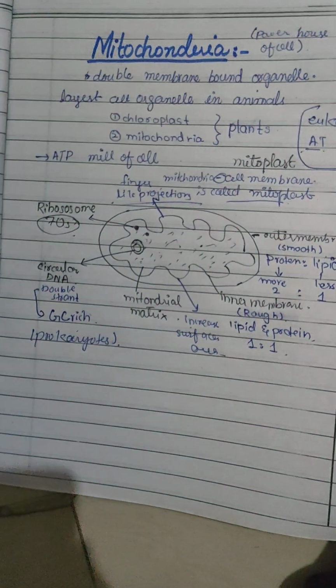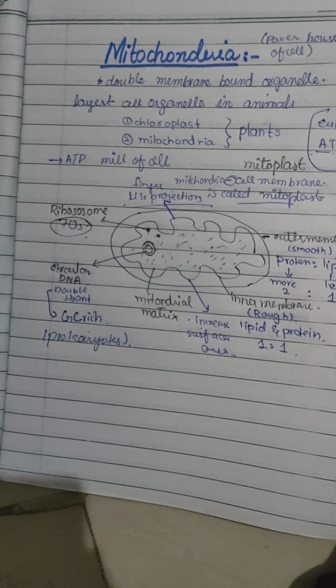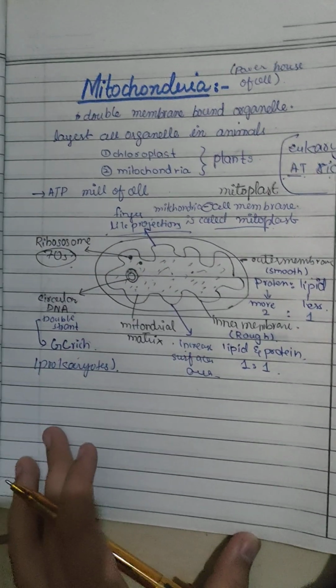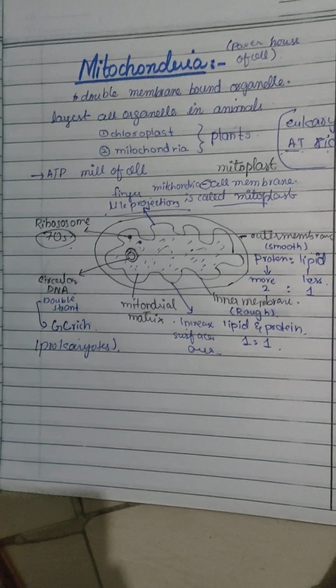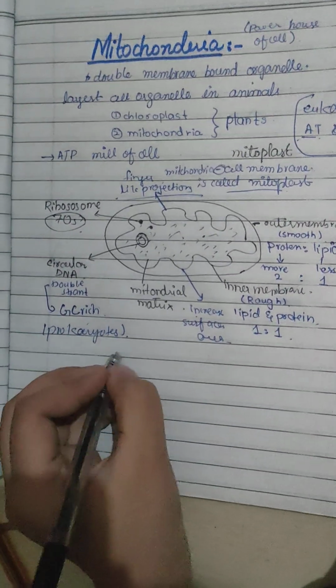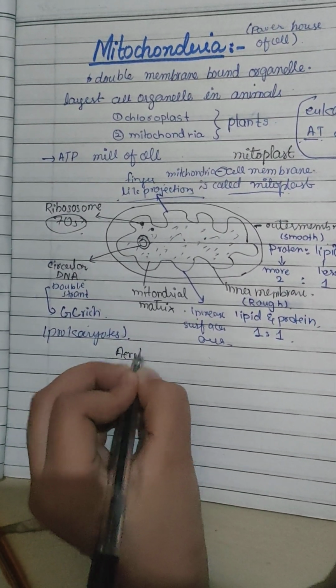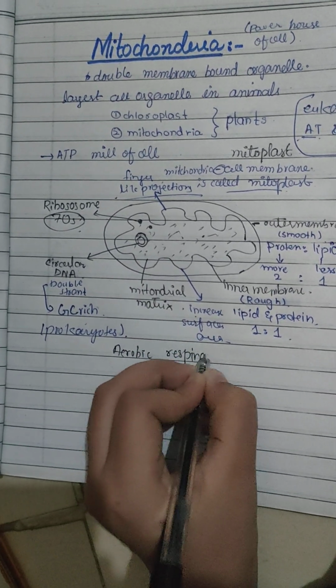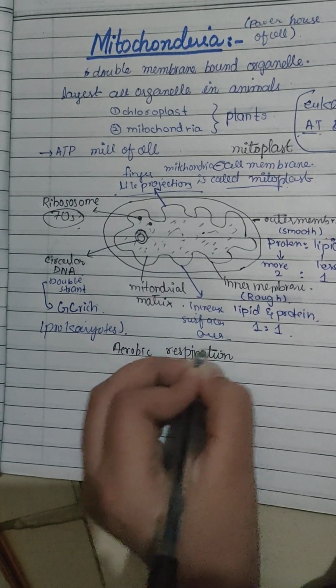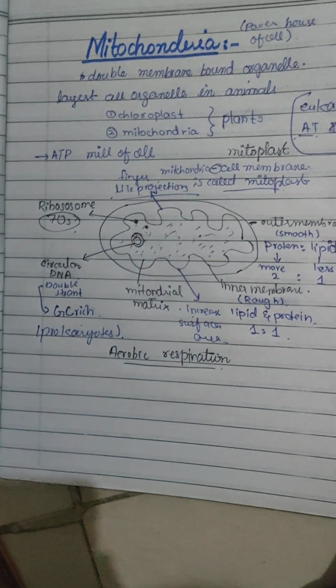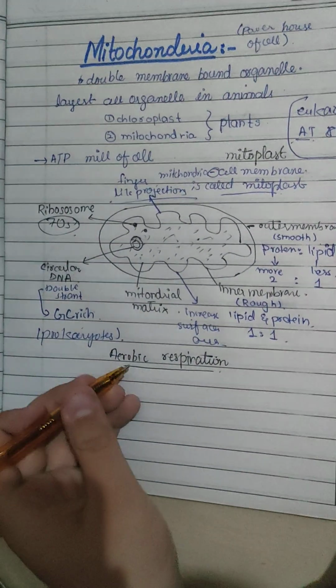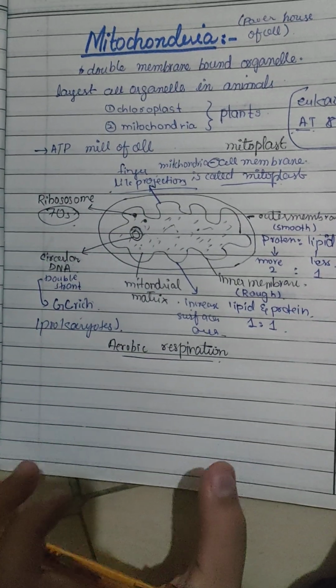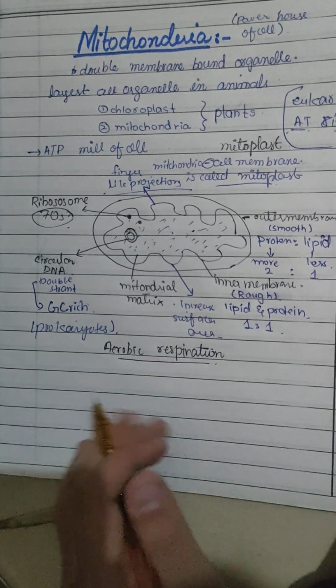Now I'm gonna tell you about the aerobic respiration. Fine. So let me write the heading of that. Aerobic respiration. Now aerobic respiration means the respiration which is done in the presence of oxygen. Fine.